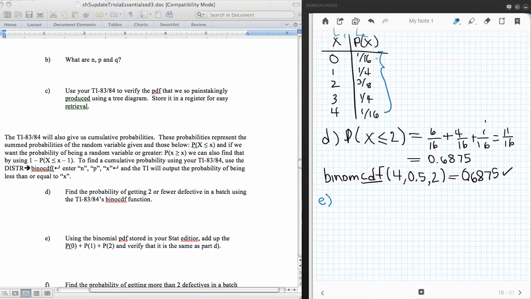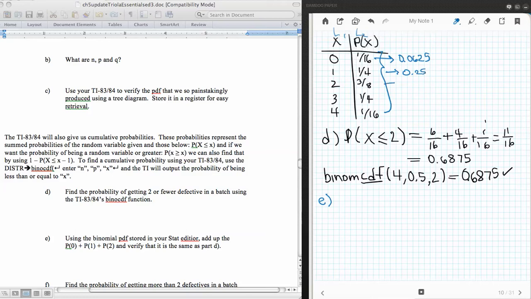Now in the data register, of course, these are decimal values. This would be 0.0625 in your data register. This is going to be 0.25.